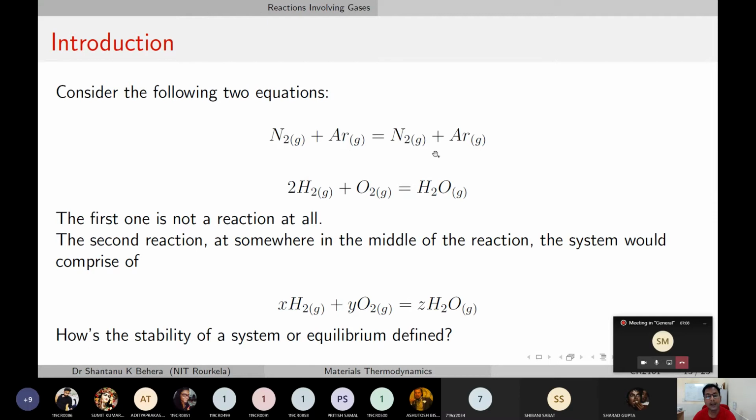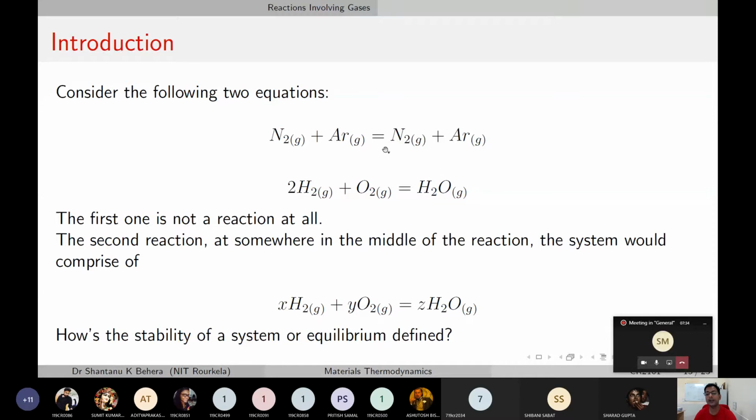When they are mixed, both are contained in the combined volume. Even in this process, like we discussed, the change in free energy is going to be negative, and this is going to be a spontaneous process. But since these two gases do not react with each other, the enthalpy contribution is zero, because it's not a reaction at all.